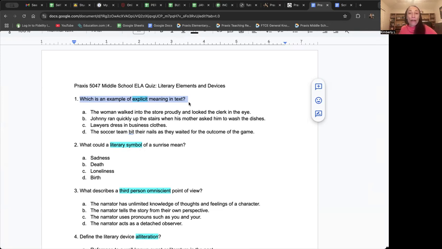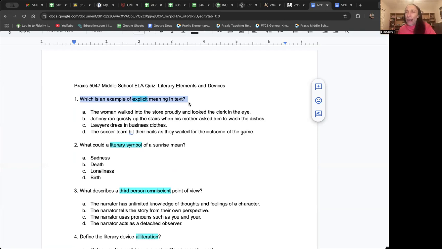When we're talking about explicit meaning in text, we're talking about directly stating something. The opposite would be implicit meaning, where you're looking for interpretation within the sentence. Explicit: directly stated, straight up. As we go through the sentences, the woman walked into the store proudly and looked the clerk in the eye.